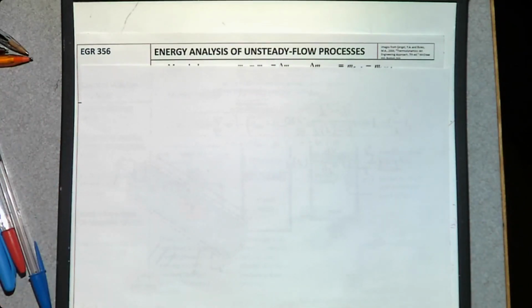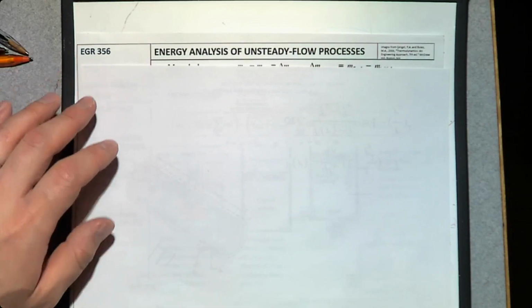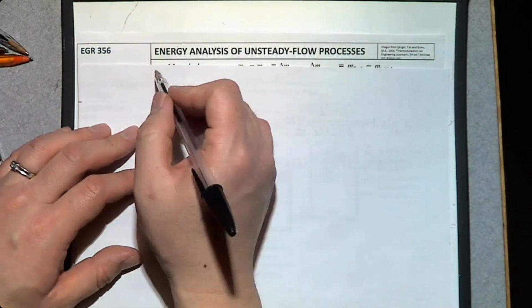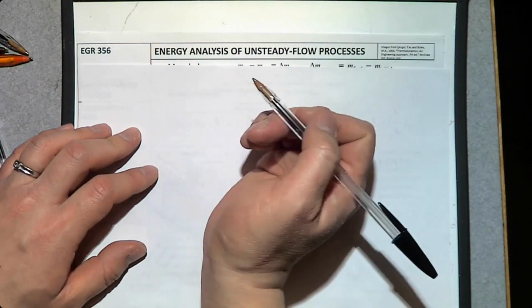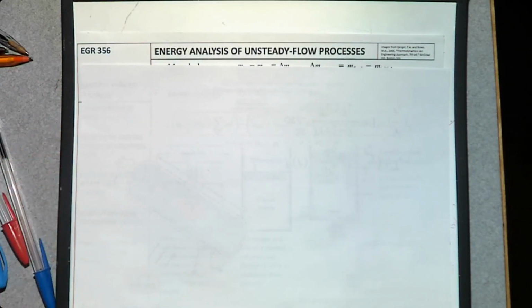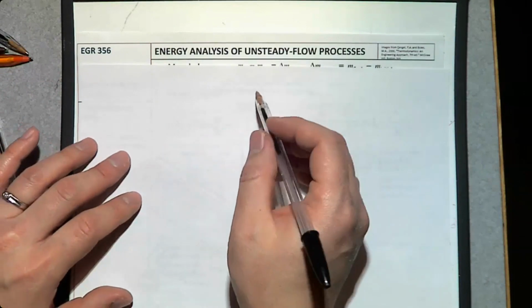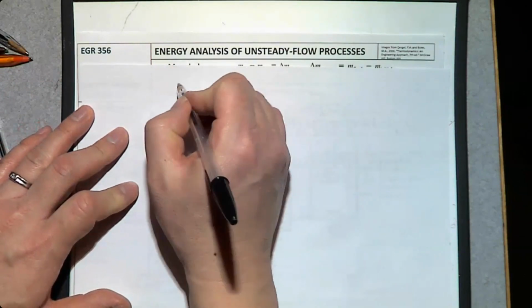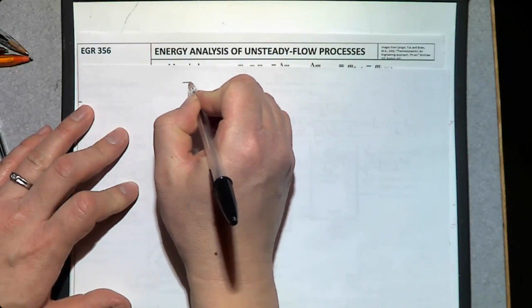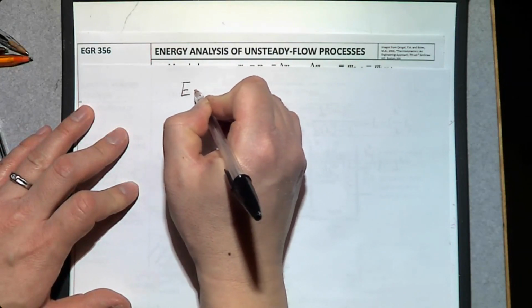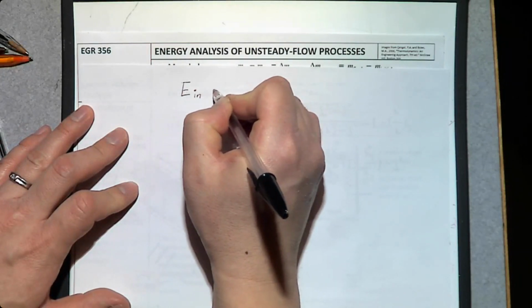So unsteady flow process is what we studied in chapter 3. Most of the energy balance equations in chapter 4 were steady state open systems. In steady state open systems, we assume that nothing changes in time.